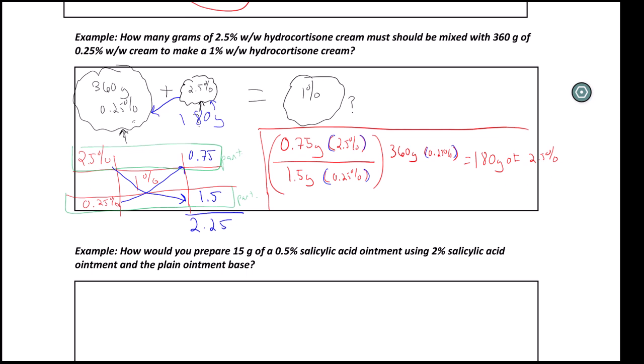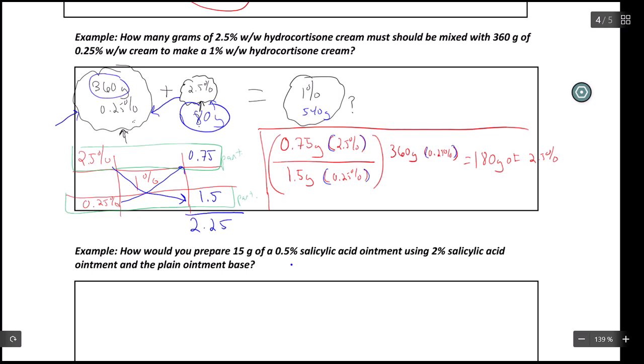This will then be 540 grams total, right? 360 plus my 180 is going to equal that. So notice that this question is asking us to dilute down, or I should say increase up, the amount of drug in something given to us.